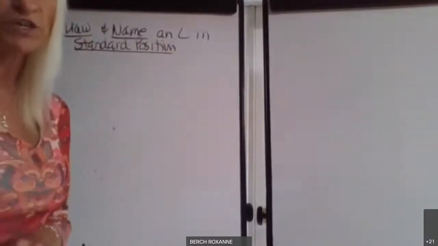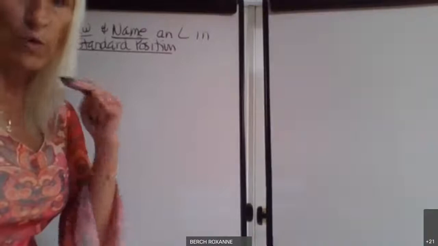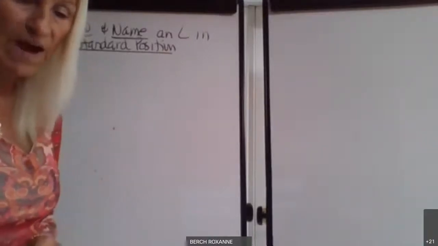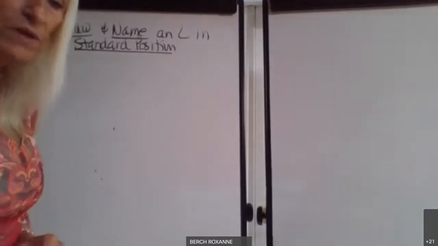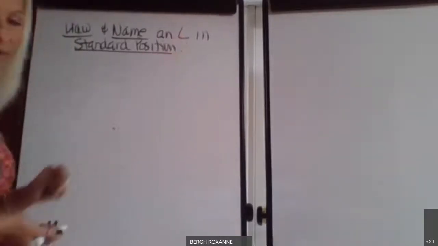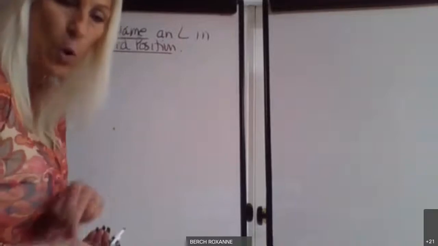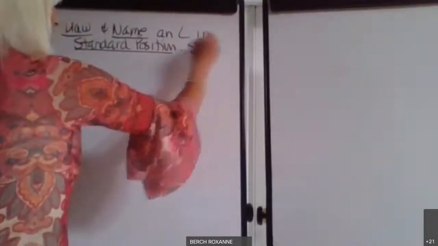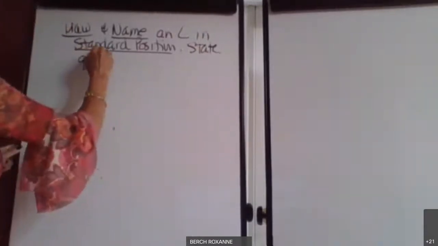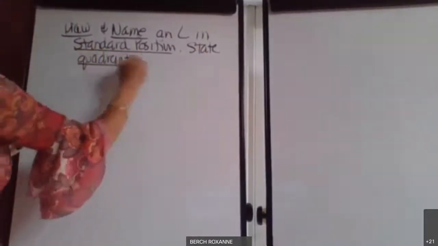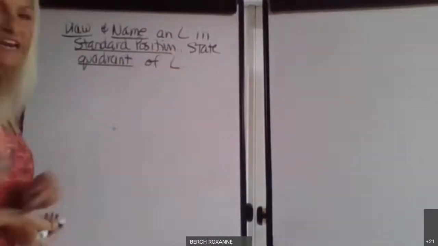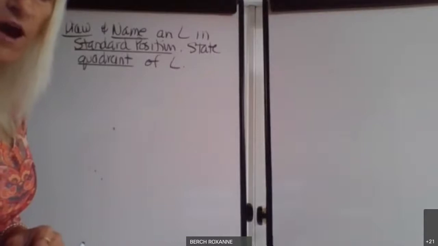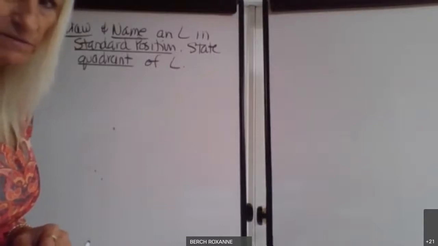Make sure the vertex is at the origin, and make sure that the ray, the initial side, coincides with a positive x-axis. So you're going to draw and name an angle in standard position, and you're going to state the quadrant of the angle. And that means you're looking at the terminal side, right? All right, there are 5 steps.